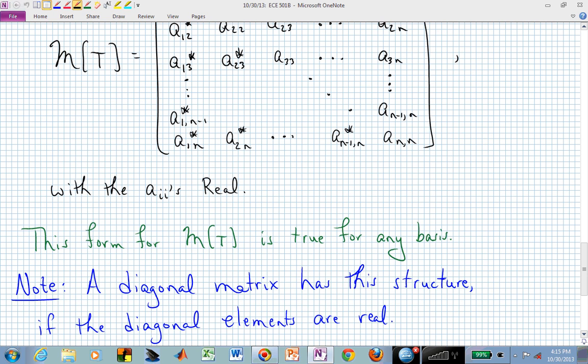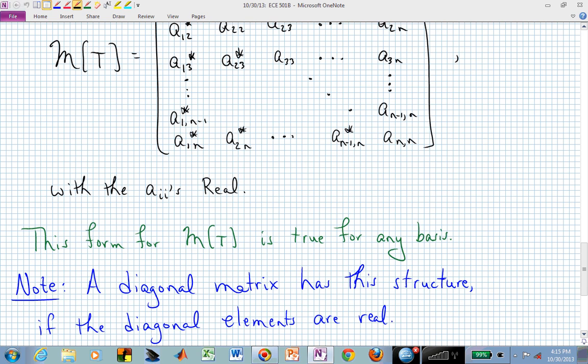And finally, on the note, a maybe very straightforward self-adjoint matrix representation would simply be a purely diagonal matrix. As long as what? Those diagonal elements are real.